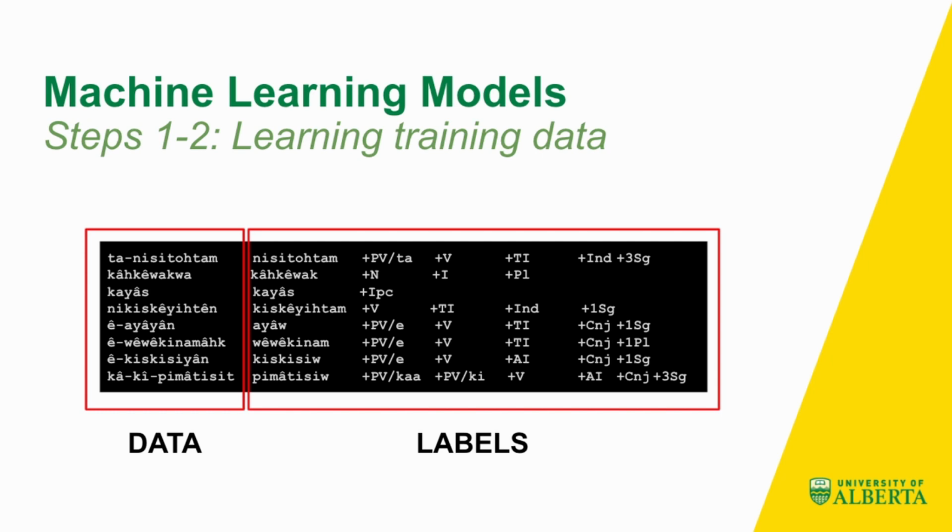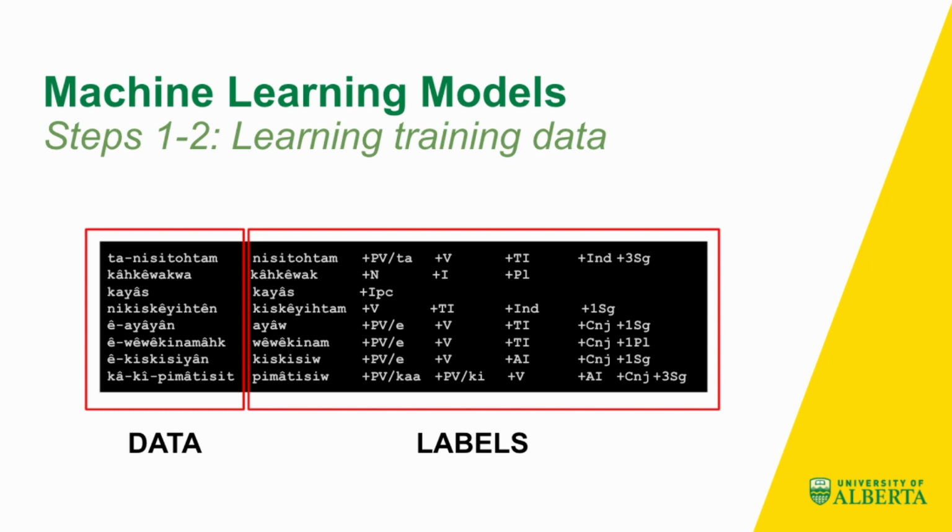So the leftmost column here in its own red box is the data. This is the stuff that we are feeding into the machine, into the thing that's going to learn. Then the labels are basically everything else that we have going on here as a chunk. In this case, the second column in the black box is the lemma, or the dictionary form.